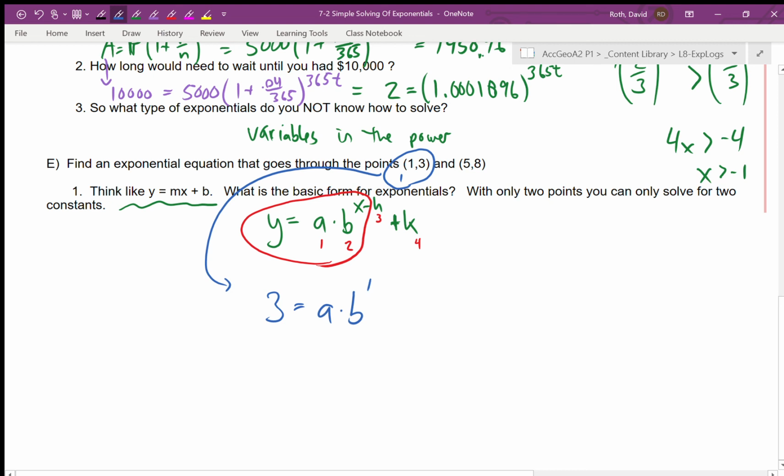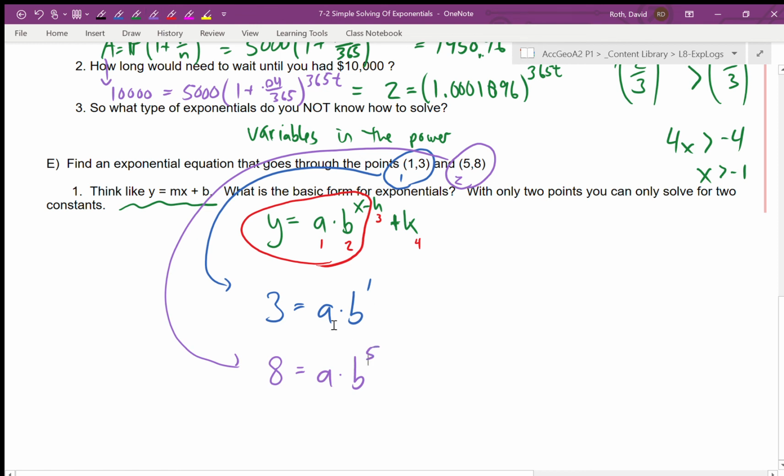Okay, fine. Then, what color should I use for the other one? I'll use purple. This will be my point 2, which is going to give me my equation 2 over here. And so 8 is equal to A times my base to the 5th power.